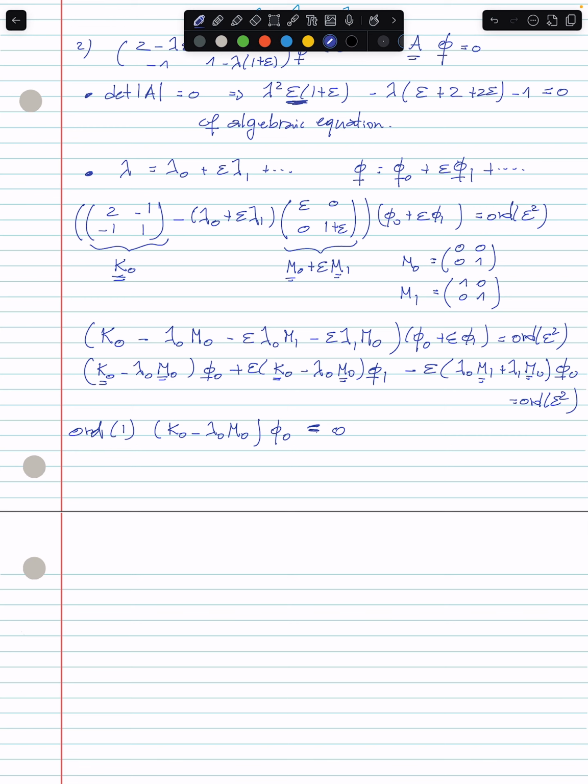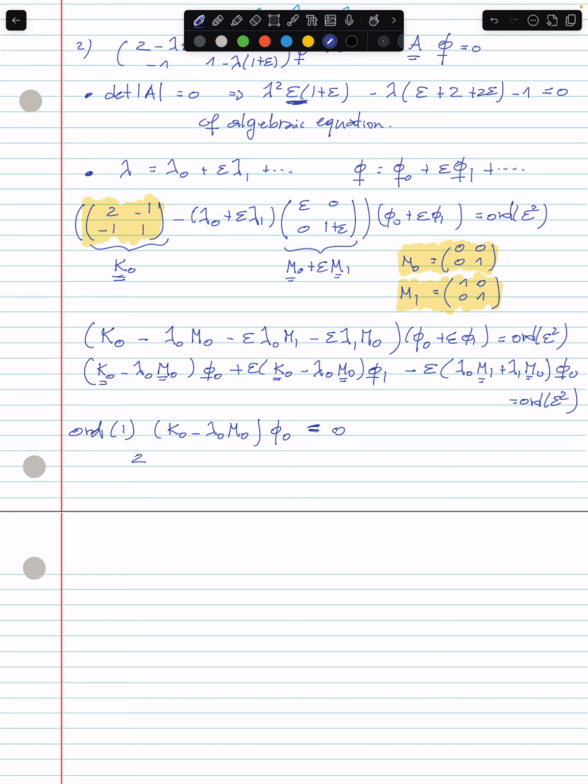So if we write K0 minus lambda 0 M, I should probably highlight the definition of the different matrices we have. This is M0, this is M1, and this is K0. All right. So K0 minus lambda 0 M0 is going to be 2, minus 1, minus 1, and then 1 minus lambda 0.